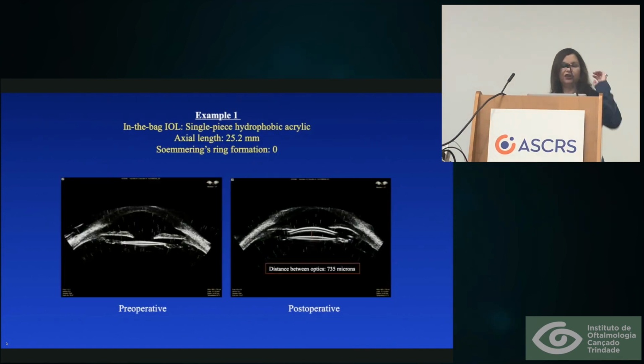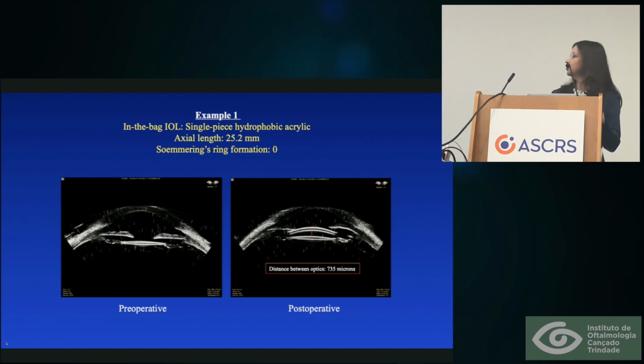Here you have a cadaver eye with a single-piece hydrophobic acrylic lens in the bag. You can see on the left the lens is quite thin, and in this particular eye, there was pretty much no Soemmering ring formation. On the right, you see the implantation of the add-on lens.